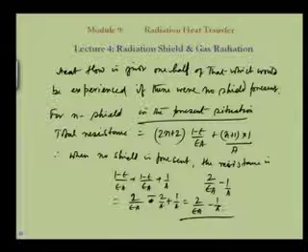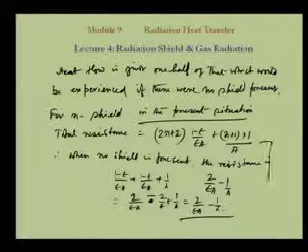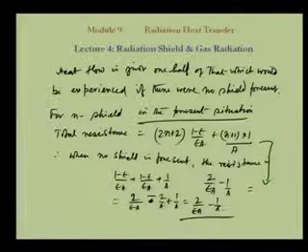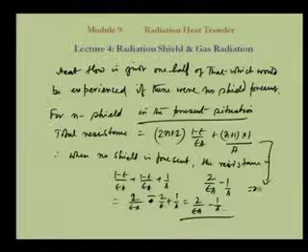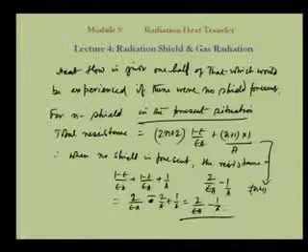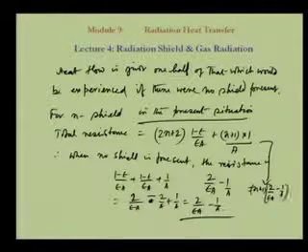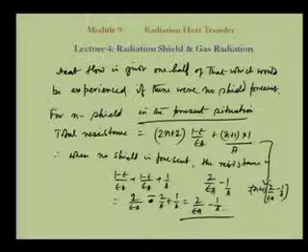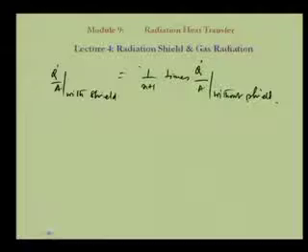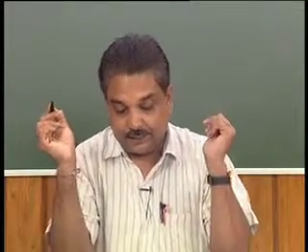The total resistance can be written as (n plus 1) times (2 by epsilon A minus 1 by A). So the total resistance is (n plus 1) times more than the original resistance. It is not every time that we will just get 50%. For n shields, the rate will be reduced by (n plus 1) times.